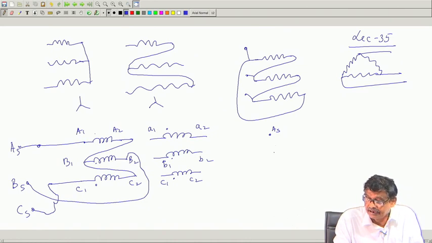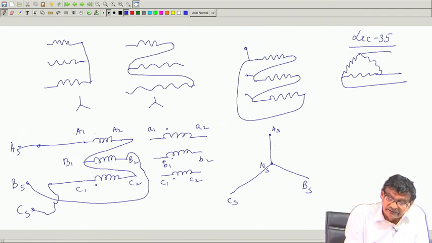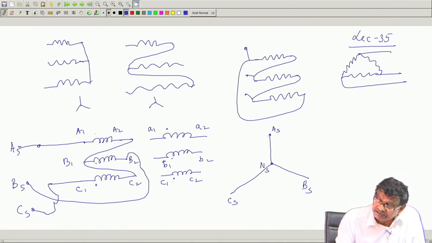For example, As, this is supposed supply neutral, this is your Bs, this is Cs. Now you have energized the primary of this coil with a voltage, and this As is A1, and this Ns is equivalent to your A2, 1 by root 3 times.